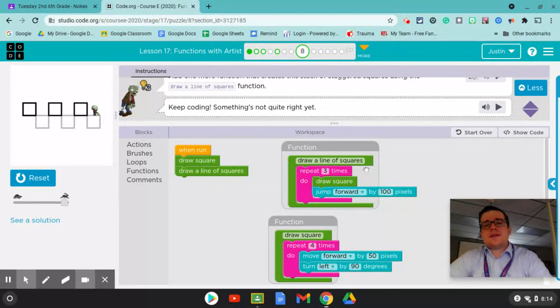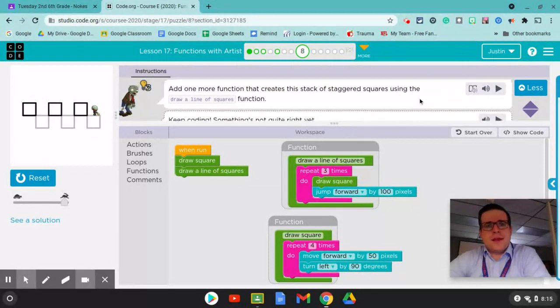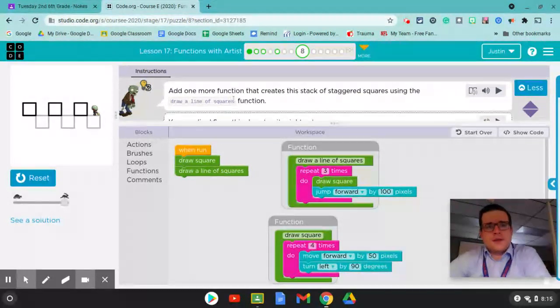Now notice on this level in particular, there's no workspace cap that you've got to do so many in such amount of blocks. So that makes it easier for you. And always make sure that you are reading the instructions.